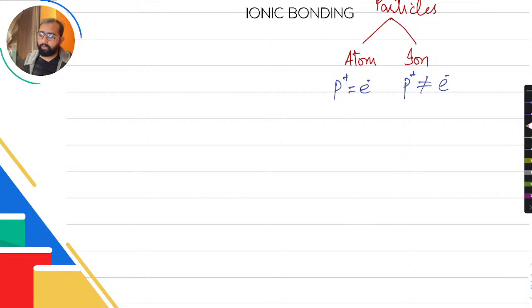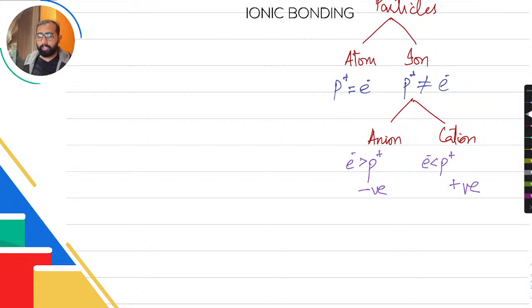If electrons are more, we call that an anion, and if electrons are fewer, we call that a cation. In an anion, electrons are more than protons, which means it has a negative charge. In a cation, there are fewer electrons than protons, so it has a positive charge.